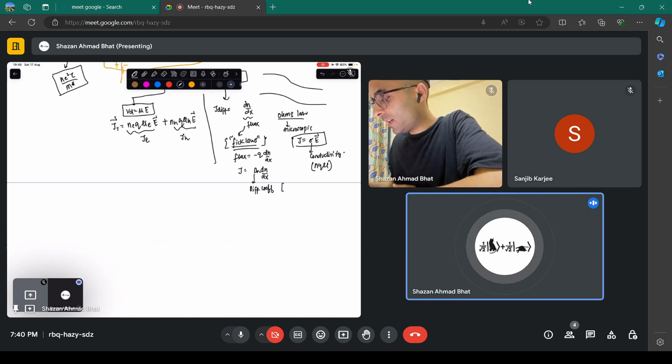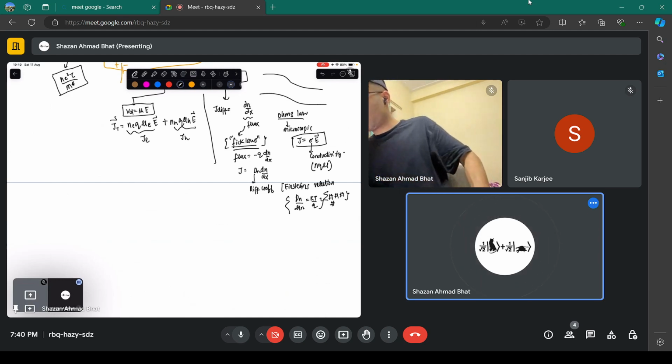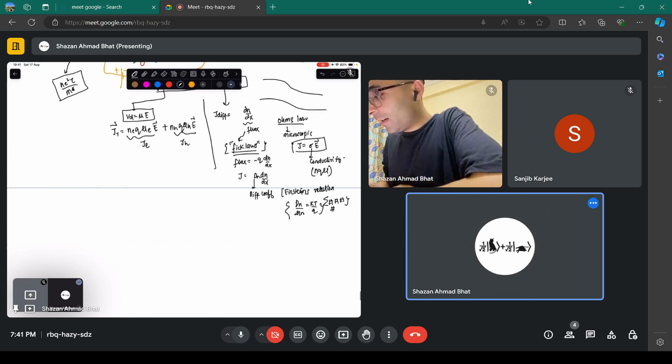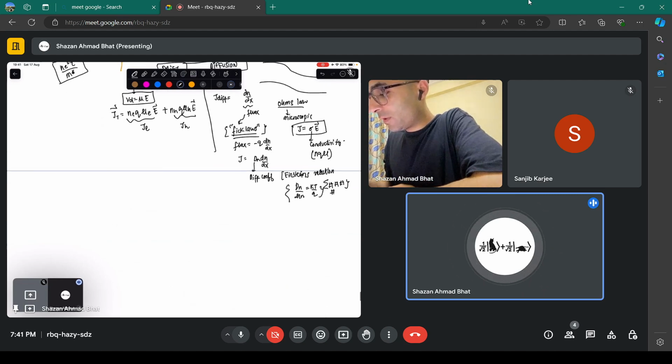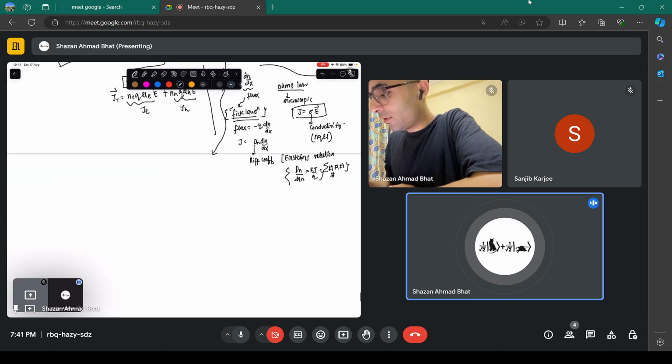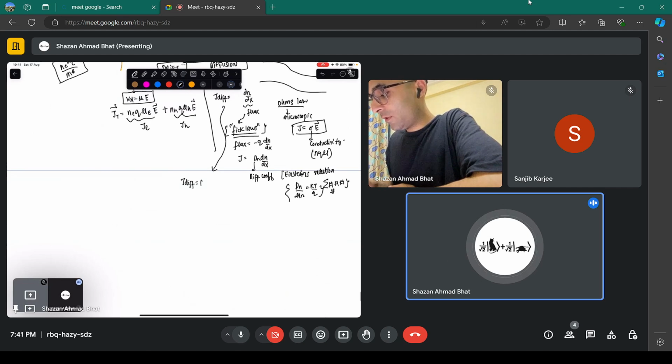And using Einstein's relation, you can write Dn by mu n is equivalent to kT by q. This was derived by Einstein, and it comes from Fick's law, basically from the diffusion theory. And when you write both of the diffusion terms for the electrons and the holes, you get the overall diffusion current to be equivalent to the diffusion constant for electrons times dn by dx, plus the diffusion constant for holes times dp by dx.